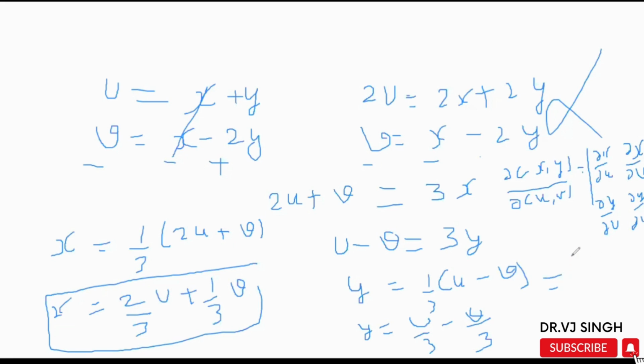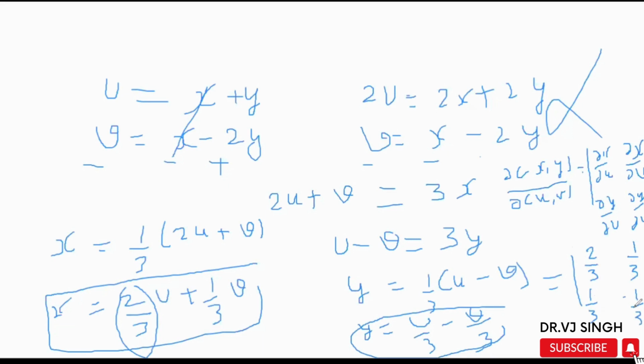Now differentiation of x with respect to u gives 2/3. X with respect to v is 1/3. Now y with respect to u is 1/3, and y with respect to v is minus 1/3.